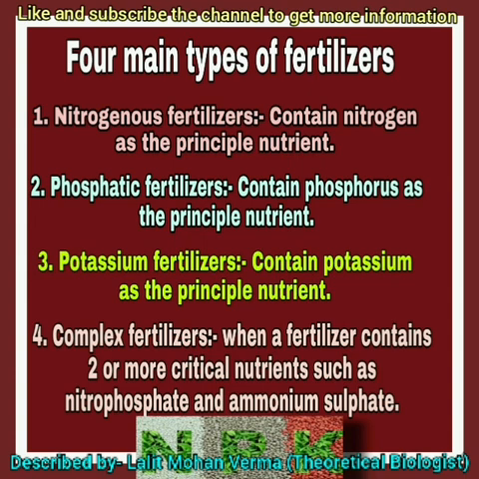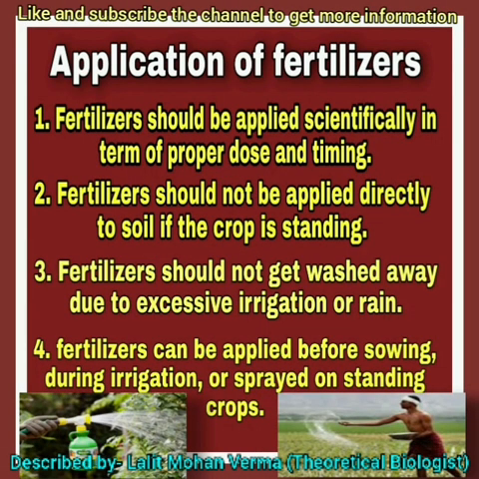Third one is potassium fertilizer, which contains potassium as the chief nutrient. And fourth one is complex fertilizers, when a fertilizer contains two or more critical nutrients, such as nitrophosphate and ammonium sulfate.